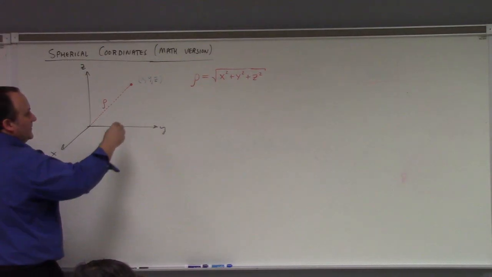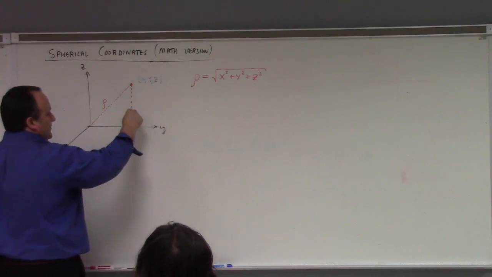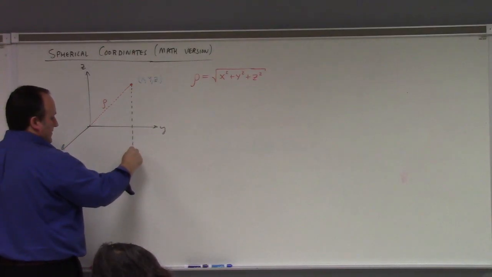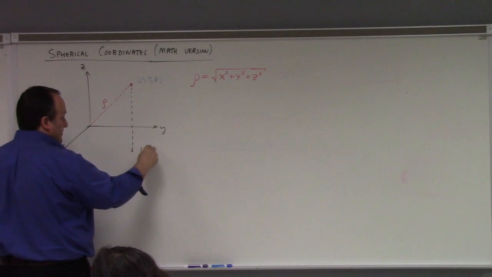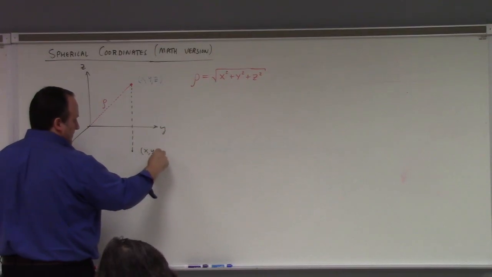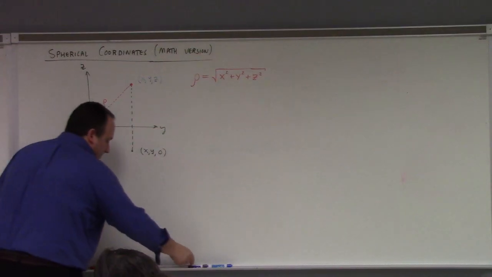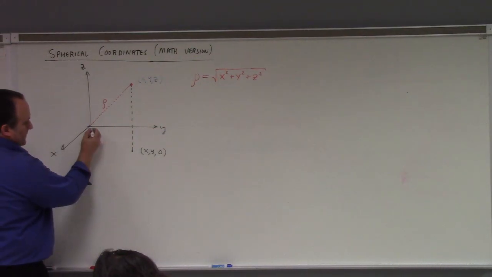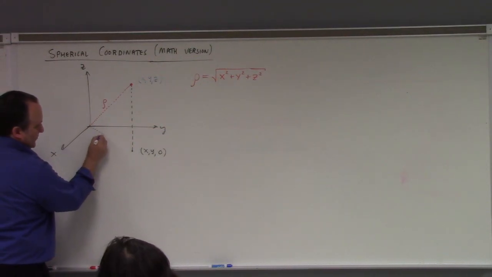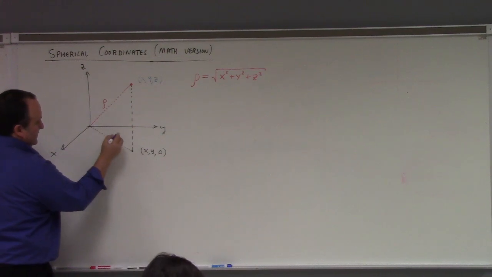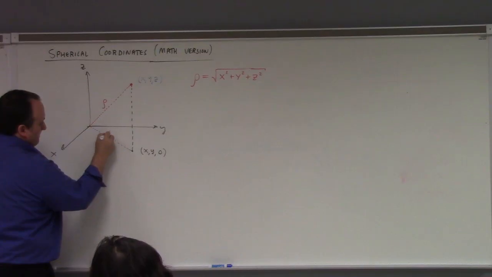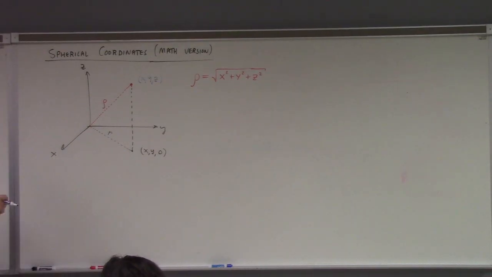Then we drop this point down to the projection in the xy plane, namely x, y, 0, and we once more think about the distance from the origin to that point in the xy plane. This is, of course, r.